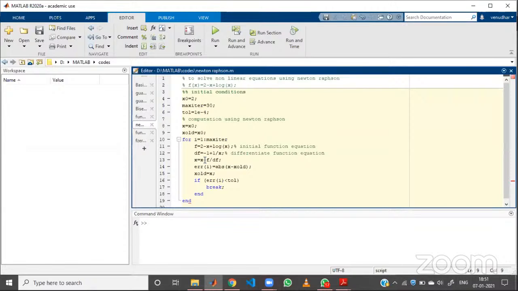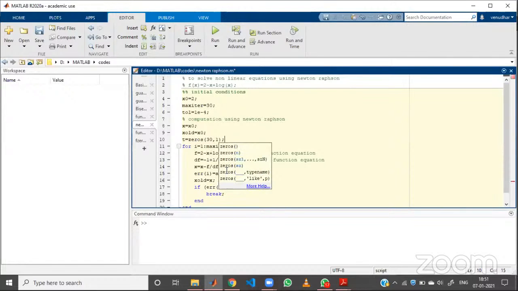So let me make another variable, t equal to zeros, 30 rows, comma 1. The t will have 30 rows of 0.